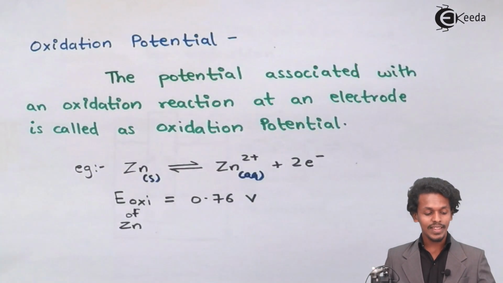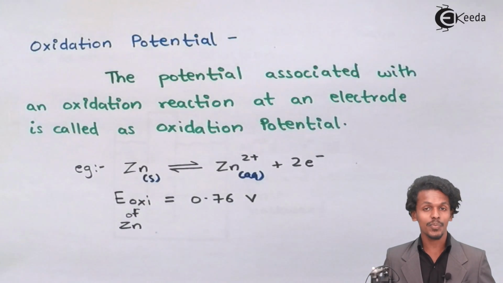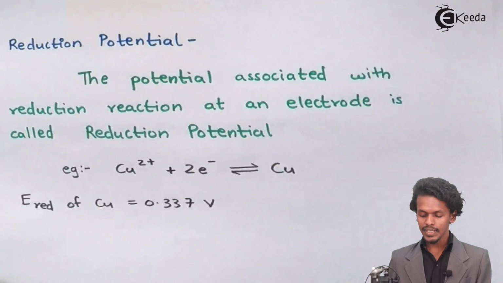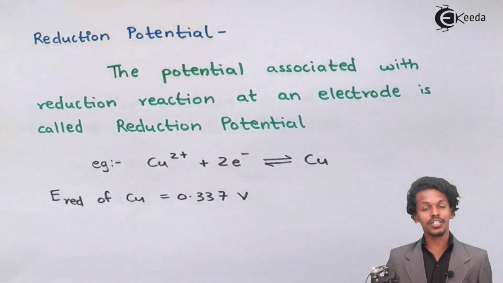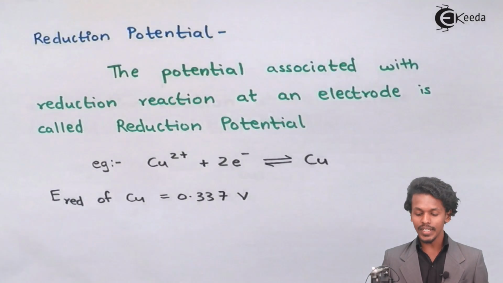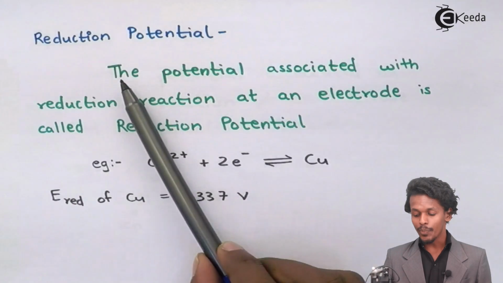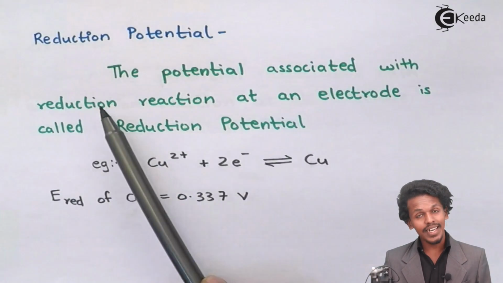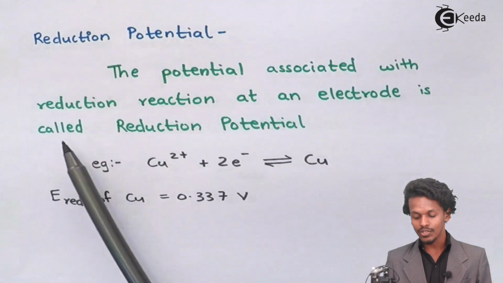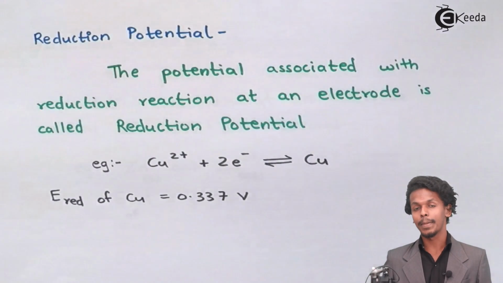Now the next one, that is the reduction potential. Let us see the definition. The potential associated with a reduction reaction at an electrode is called the reduction potential.